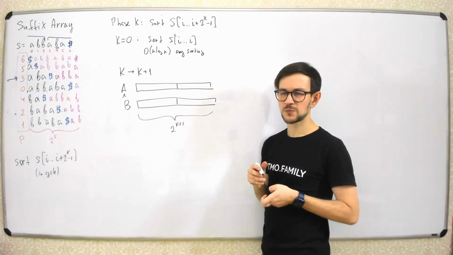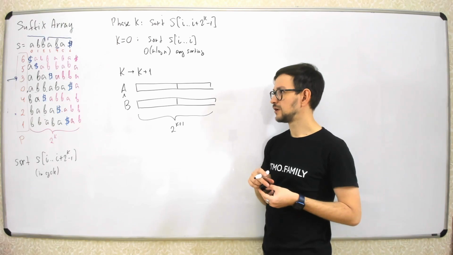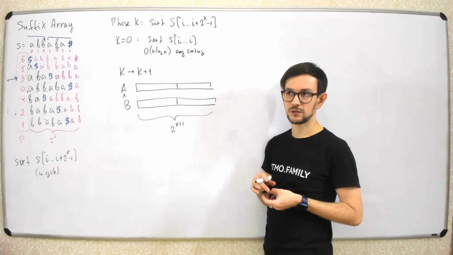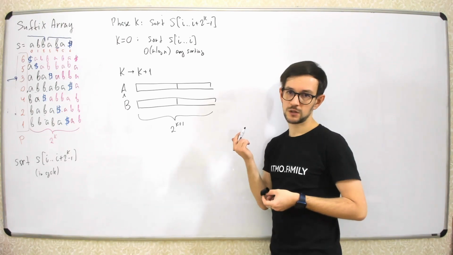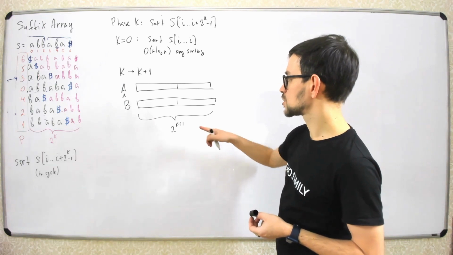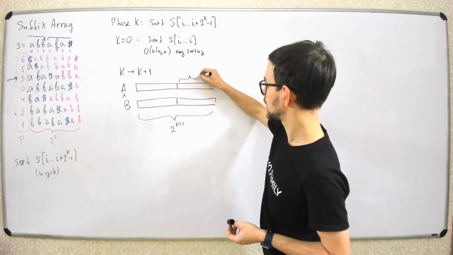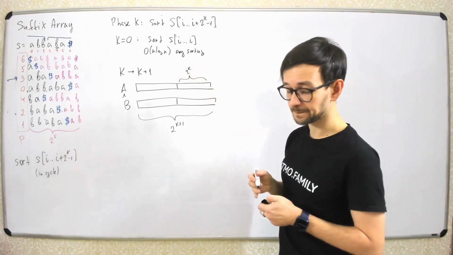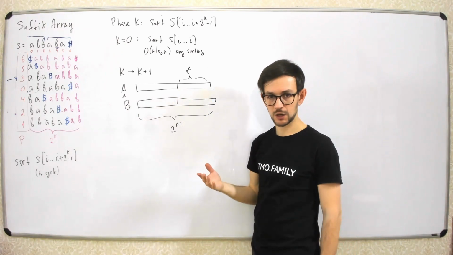It's basically the same principle we used in all the data structures, in segment trees, in binary lifting when we discussed tree algorithms and so on. So I'll just split this long string into two smaller strings, and all these smaller strings have length 2 in power k.